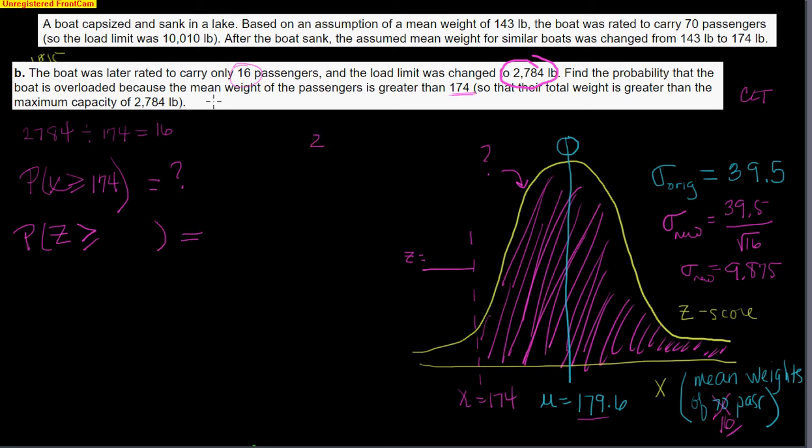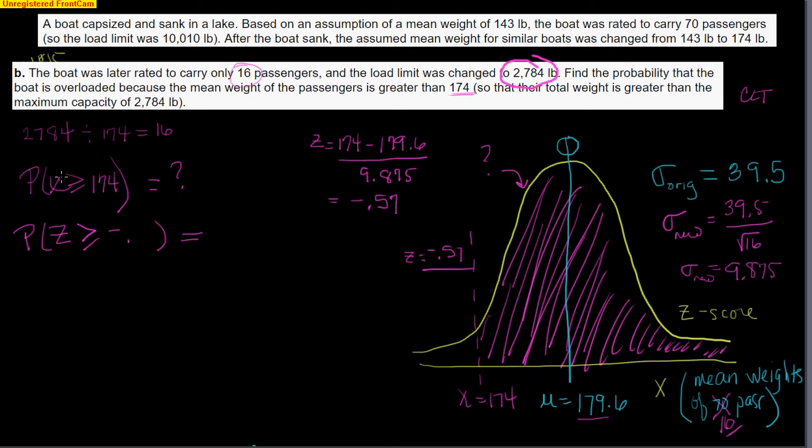Z equals the 174, the x, minus the mean of 179.6 divided by our standard deviation of 9.875. Plugging all that into our calculator, we get a z-score of negative 0.57. So just a little over half a standard deviation below the mean. I could probably have drawn it a little closer in, negative 0.57.